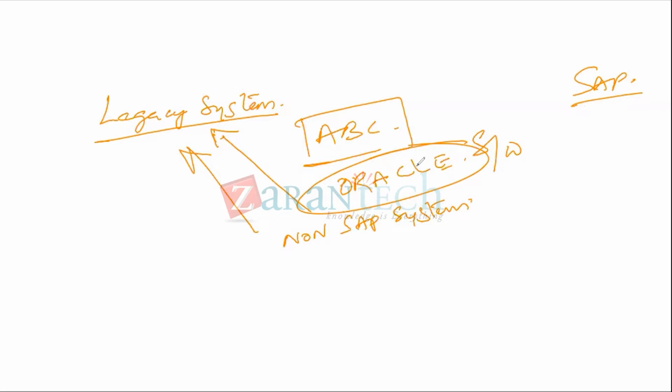So why does a company which is using a non-SAP system like Oracle want to move into SAP? There should be some strong reason, right? Can you just think of why this many implementations are going on? Why are these many legacy systems being changed into SAP?